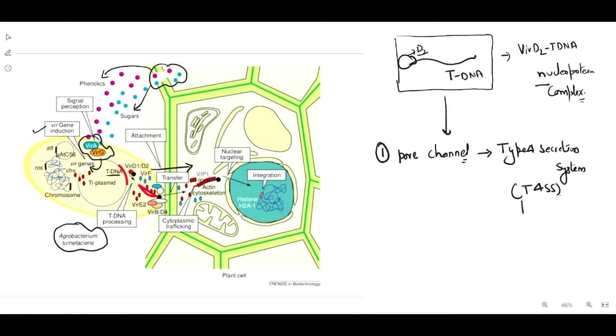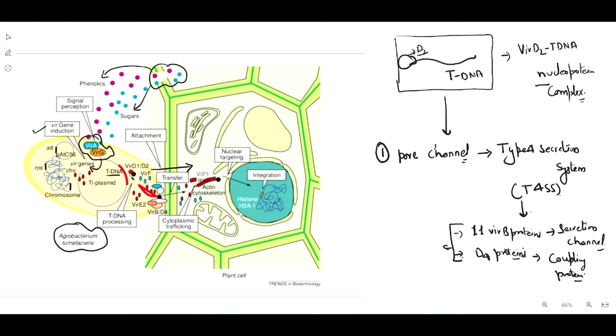This system consists of 11 VirB proteins and VirD4 protein. The VirB proteins are responsible for the formation of the secretion channel across the cell envelope, and the VirD4 protein plays the role of a coupling protein. So they both are associated with the VirD2 tDNA nucleoprotein complex.